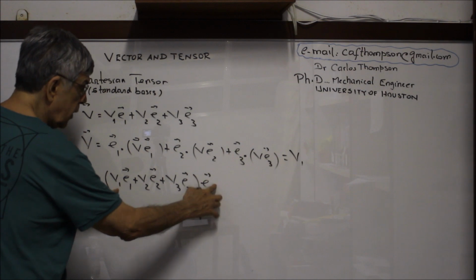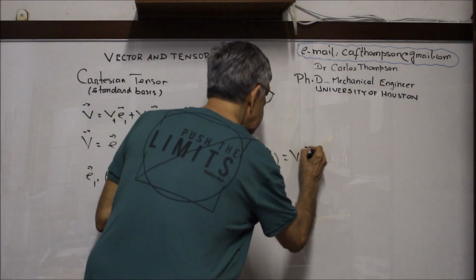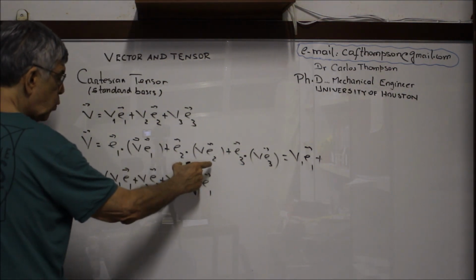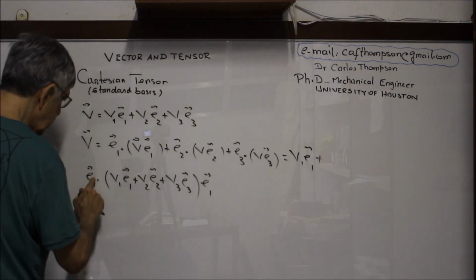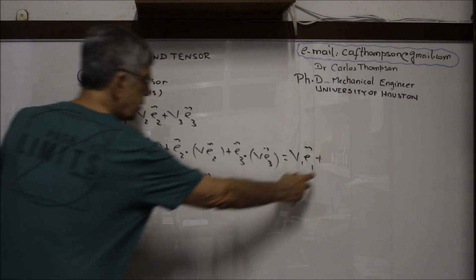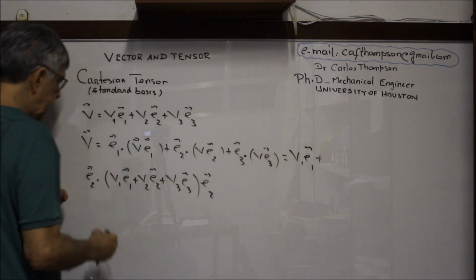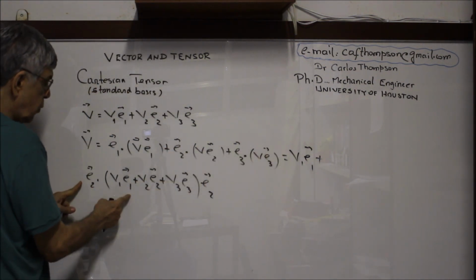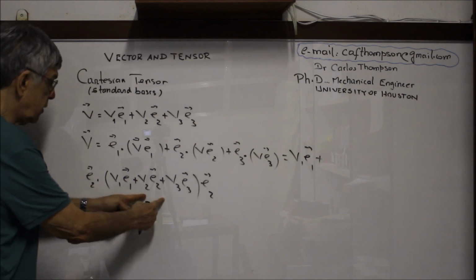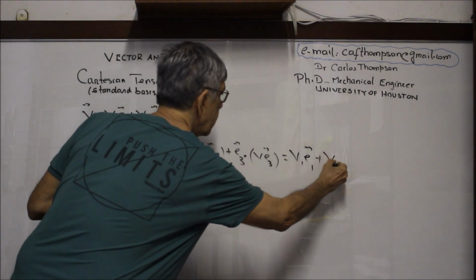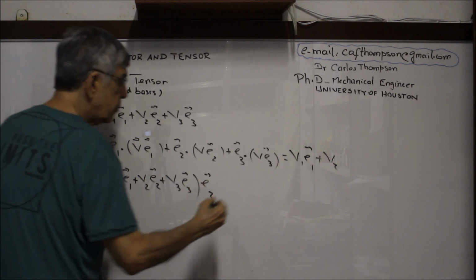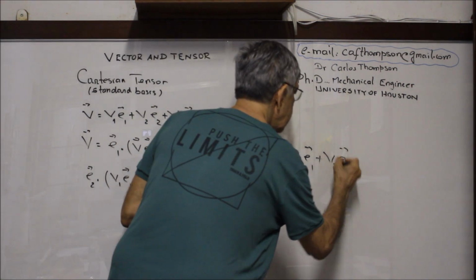but there is E1 here, so you put E1 here. Plus, now I will work with the second term over here. I just put 2 and 2, and I write down here the same V. Now, E2 dot E1 is 0, E2 dot E2 is 1. So here's the V2. Now, E2 dot E3 is 0. Then it will be V2 E2.